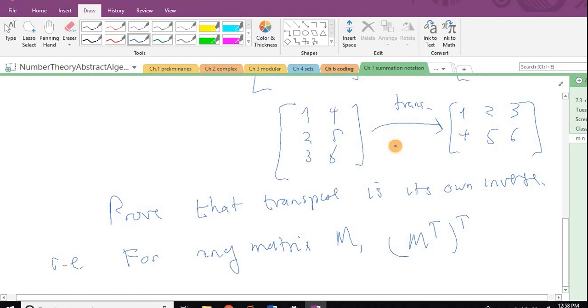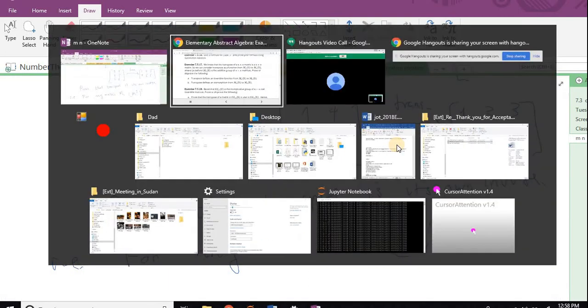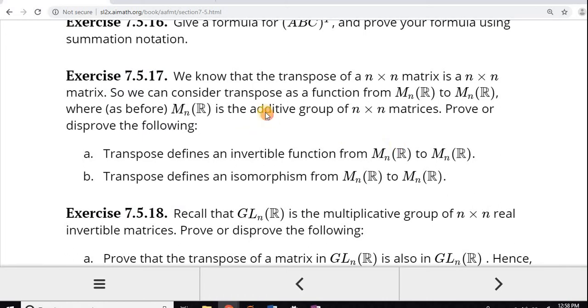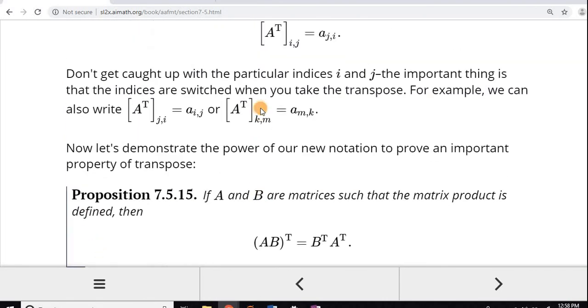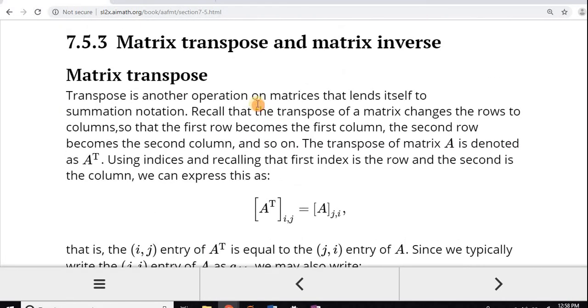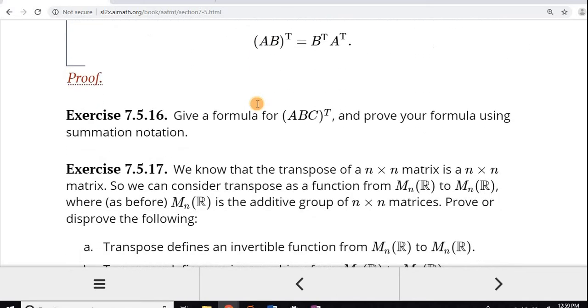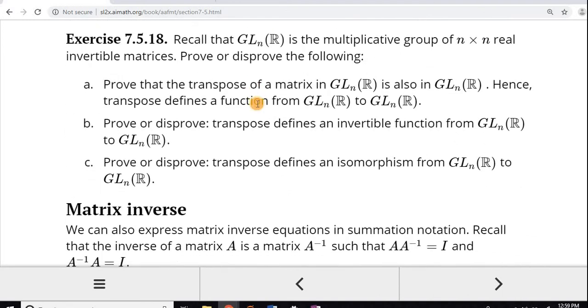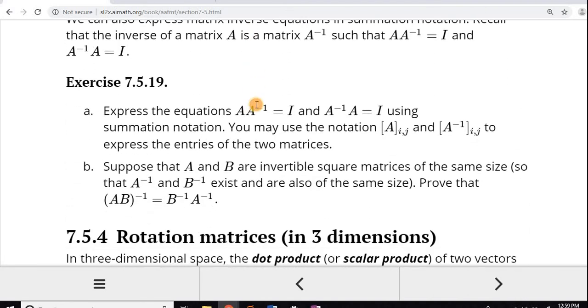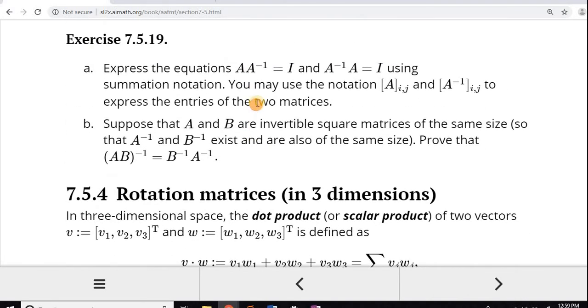You can prove that by doing it element by element. Sure, that's the best way. It may even be in the chapter. Is it in the chapter? I don't see it here, not here anyway.